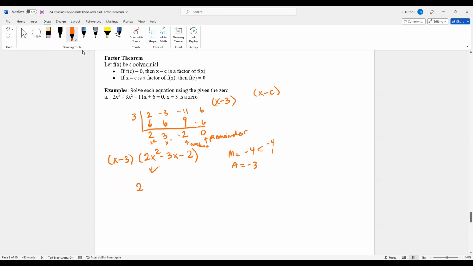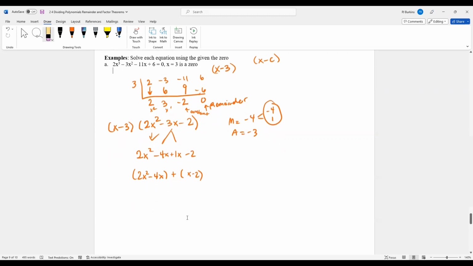So we have to replace the middle term with a combination of the two things we just found. So -3x is going to become -4x plus 1x. Then we group the first two terms together plus the second two terms together. And I don't need this 1 in front of the x, so let's get rid of that. Then I need to find out, what do these things have in common?